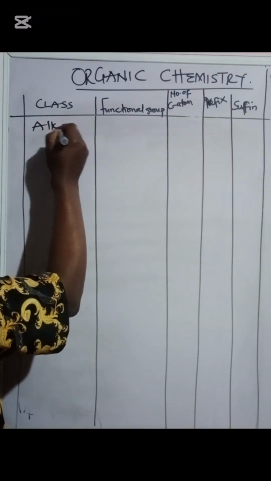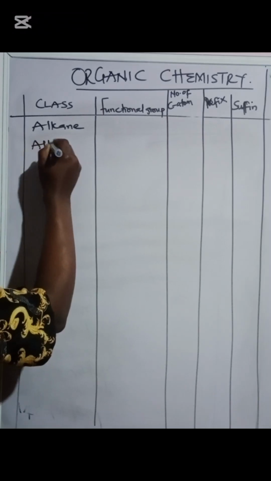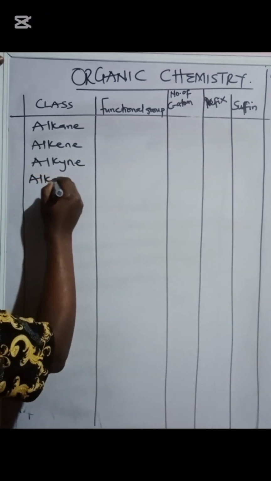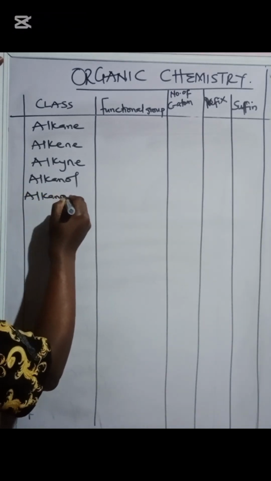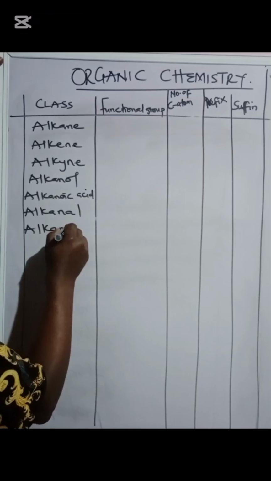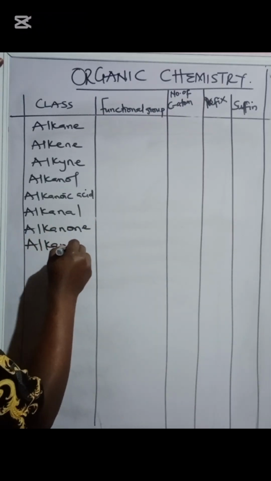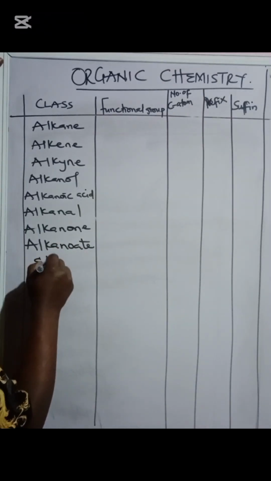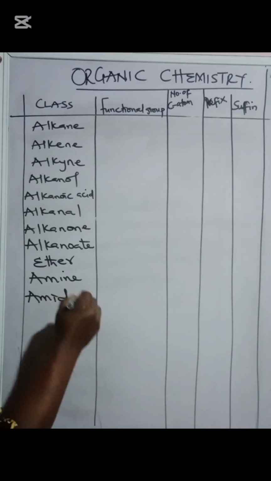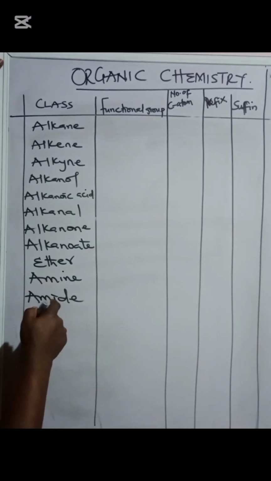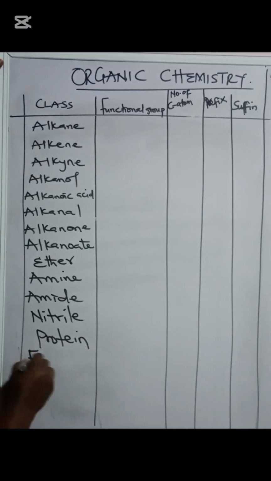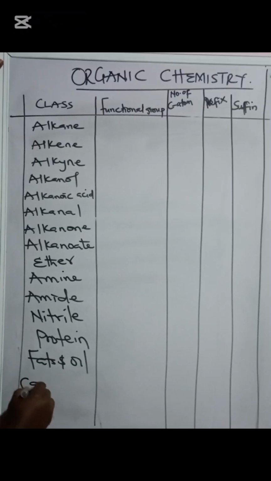So the first member, we call it alkane, we have alkene, we have alkyne, we have alkanol, we have alkanoic acid, we have alkanal, we have alkanone, we have alkanoate, we have ether, we have amine, we have amide, we have nitrile, we have protein, we have fat and oil, and finally we have carbohydrate.